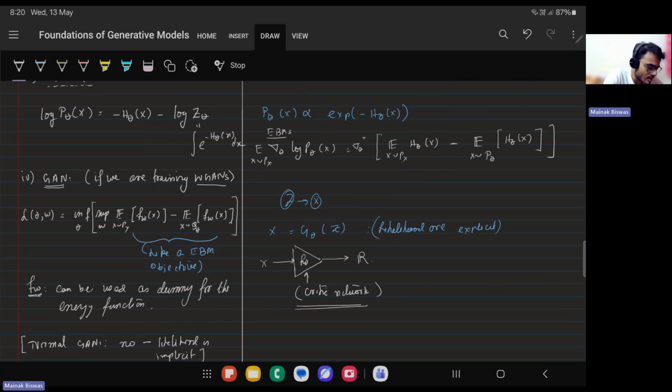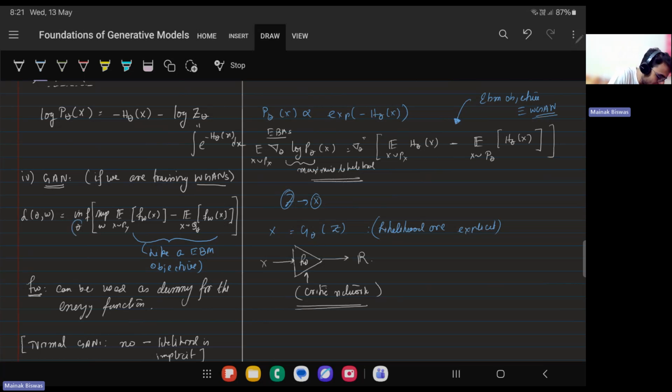So you try to maximize this likelihood, and you exactly get this. Right? This is my EBM objective, which is equivalent to a Wasserstein-GAN objective.